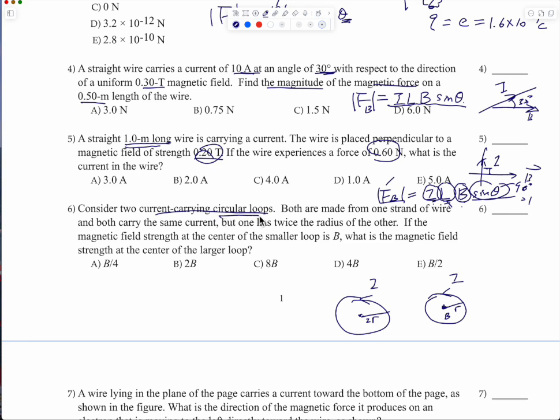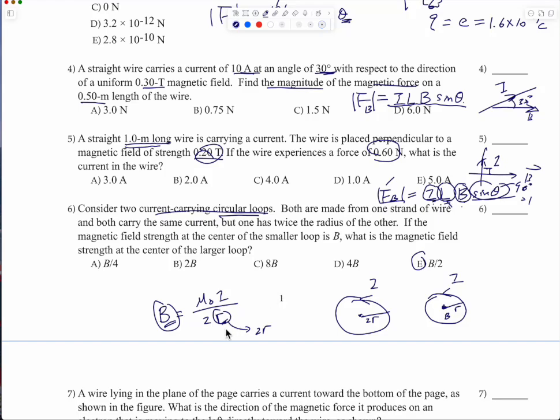The equation says the magnetic field is proportional to the current, no big deal, and inversely proportional to the radius, so it goes as 1 over 2r. If the radius is r, the field is B. If we increase r to 2r, the magnetic field will decrease by a factor of 2.